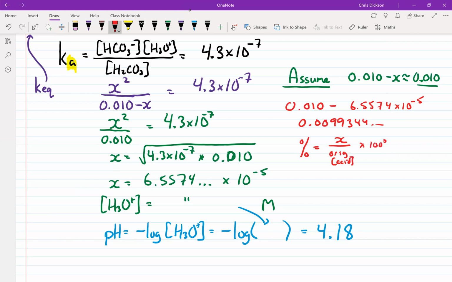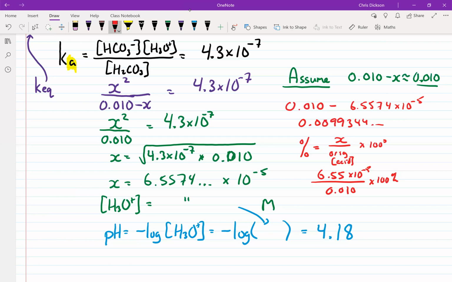So take 6.55 times 10 to the minus 5, divide that by 0.01, and then times that by 100.